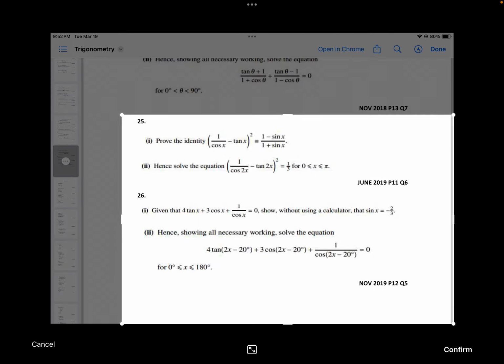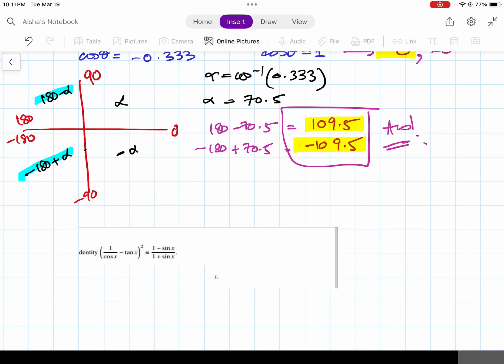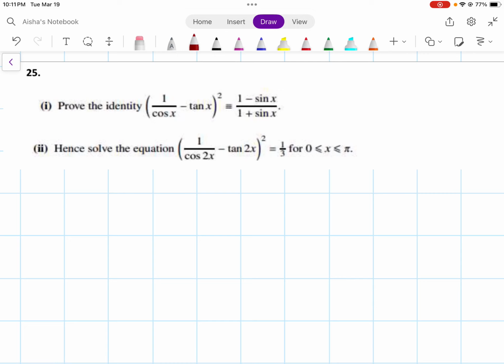Now there is a change of range concept as well, which I will explain through this question. Now the first part is where you have to prove the identity. How do you prove the identity? You open it up. This is a and this is b. So I'll open it up through a minus b the whole square.